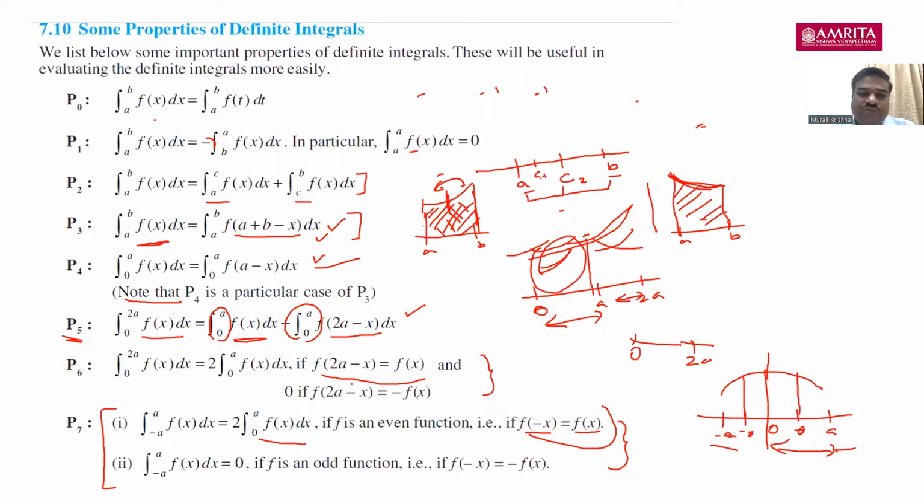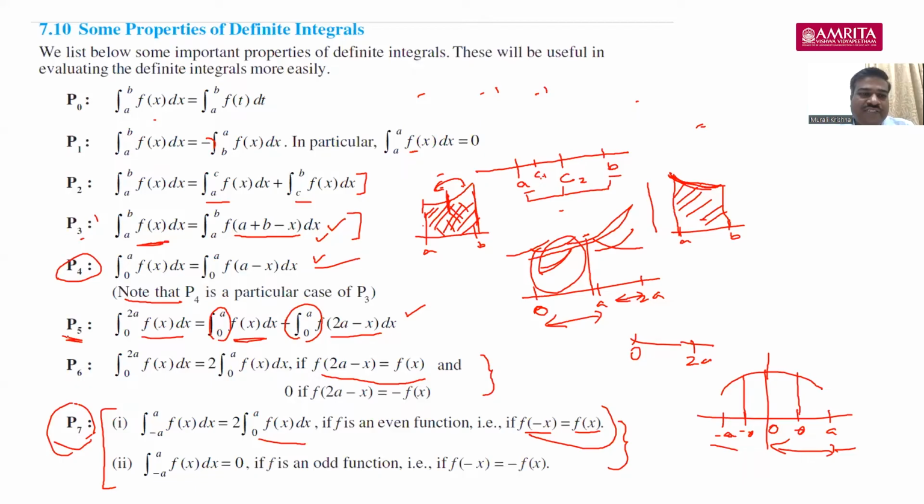Rarely do we use this. Mostly, when the limits are from minus a to a, you need to use property number 7 in our problems. Most of the problems are based on P7 and P4, sometimes P3.